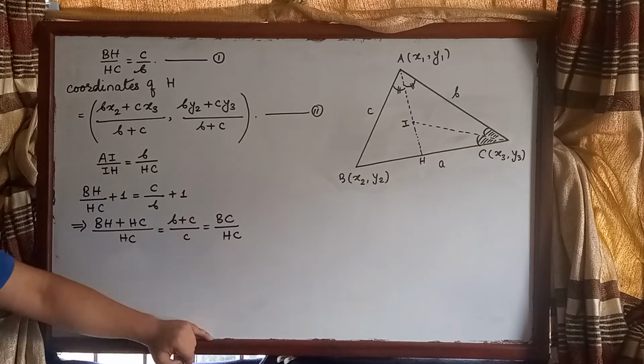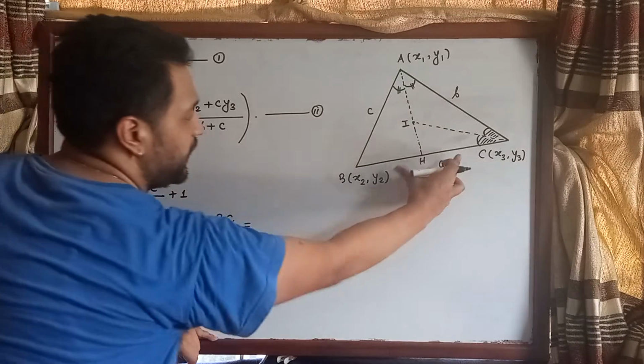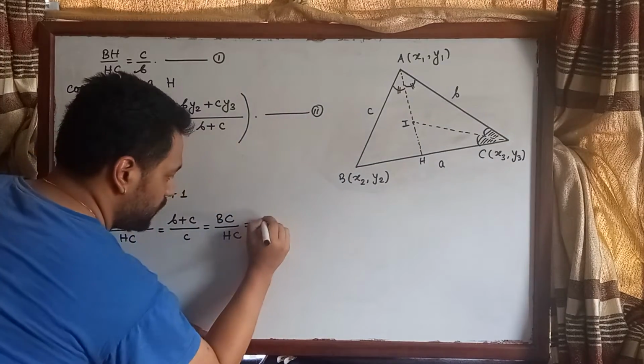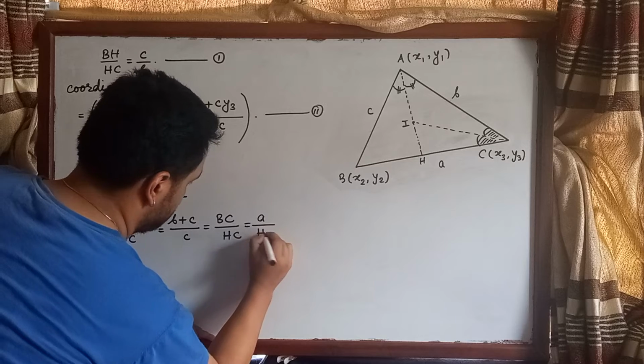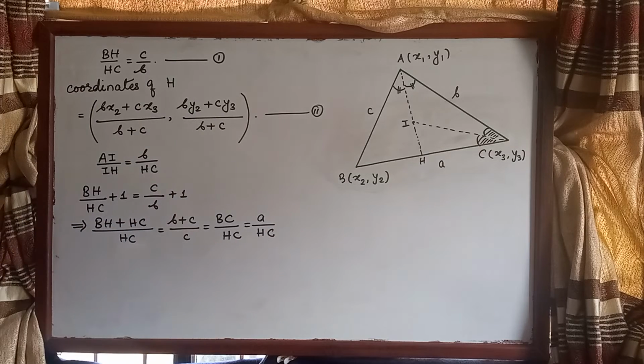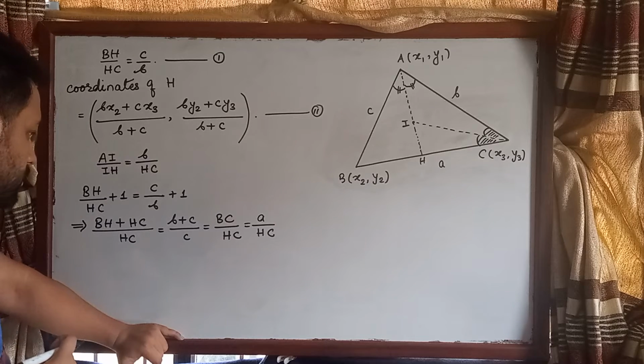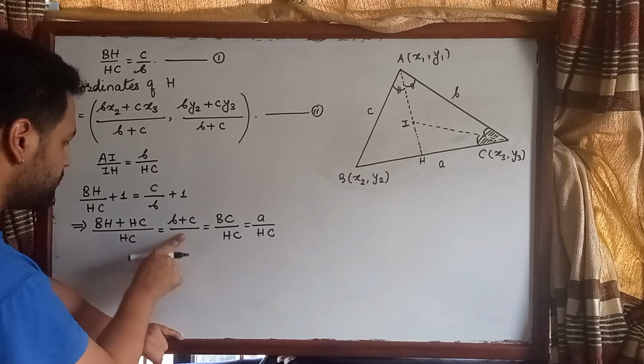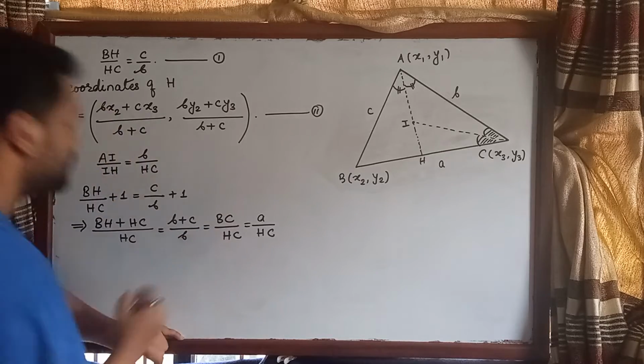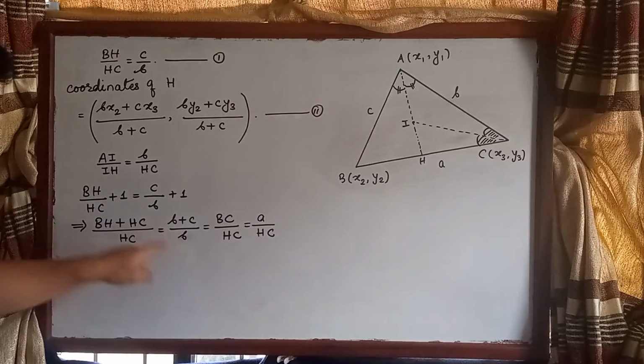And BC over HC means A over HC. Okay, so this will be B. Okay, yeah.